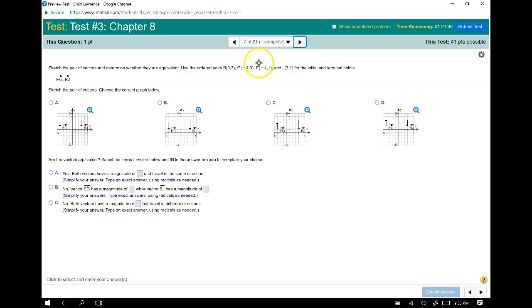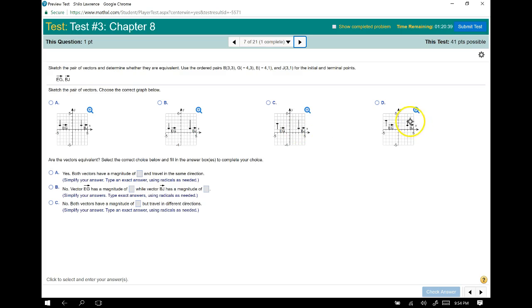And then they have the vector BJ. So starting at B, ending at J. So start at 3, 3, end at 3, 1. So over here, this one starts at 3, 4 and ends at 3, 1.